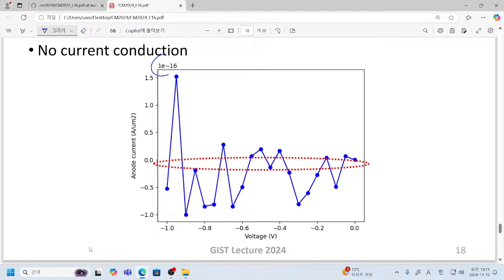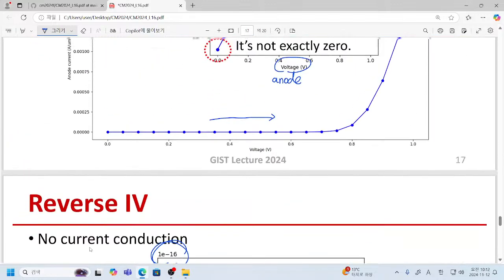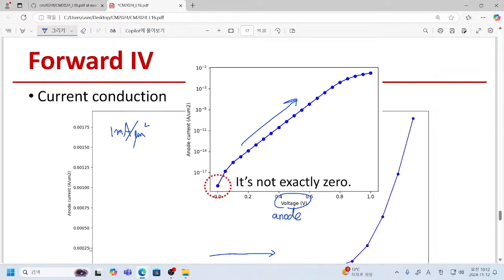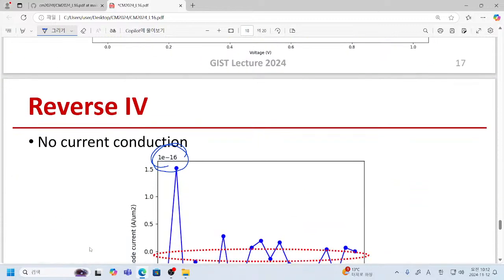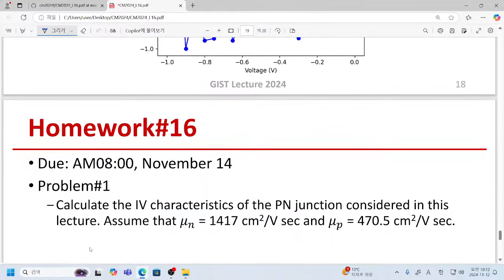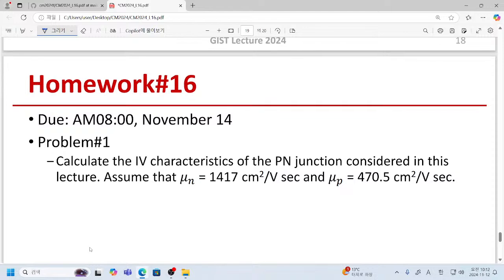This is 10 to the minus 16, and you can see that here this is just on the order of one milliamp per micrometer square. So there is a huge difference in the current conduction. Depending on the polarity or sign of your applied voltage, your system shows quite different behavior.